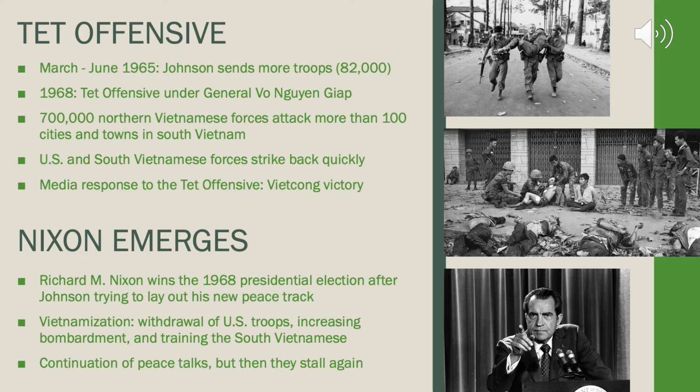Nixon brings about Vietnamization, which is this gradual withdrawal of US troops, but at the same time increasing bombardment on the North Vietnamese armies to try and get ahead in the war, and also training the South Vietnamese armies so that they can fend for themselves when we're withdrawing. And Nixon continues these peace talks, but just like Johnson's, they continue to stall.